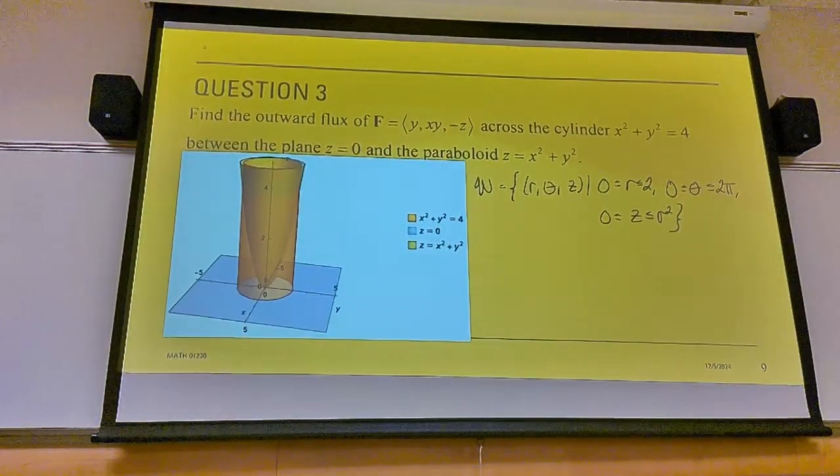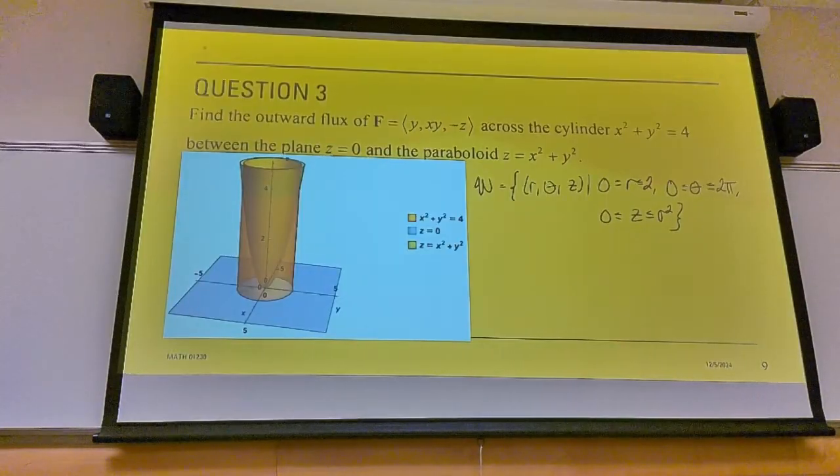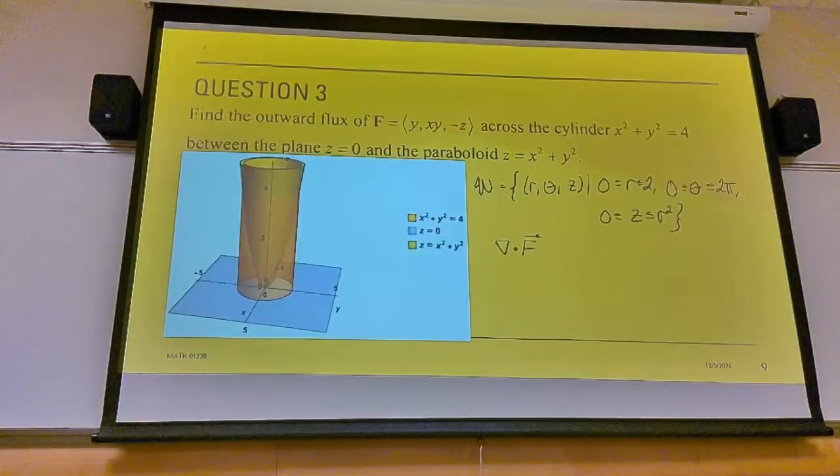We need the divergence. Minus 1. I was trying to write out the formula. Yeah, 0's for the first. So that's how we're going to find the flux.